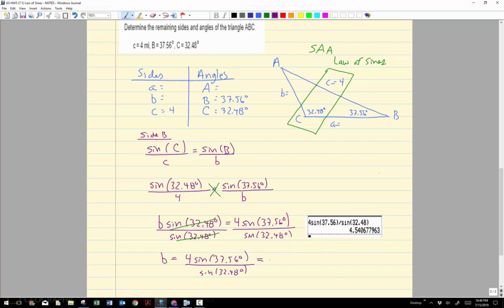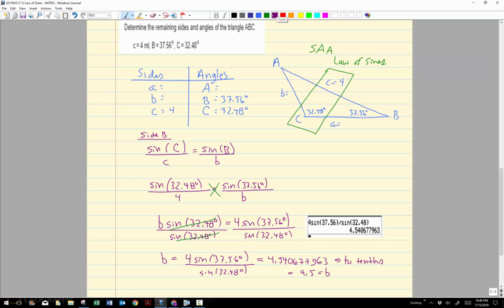So this is equal to 4.540677963, and let's go ahead and round this to the nearest tenth. This would be 4.5. So I get B equals 4.5.